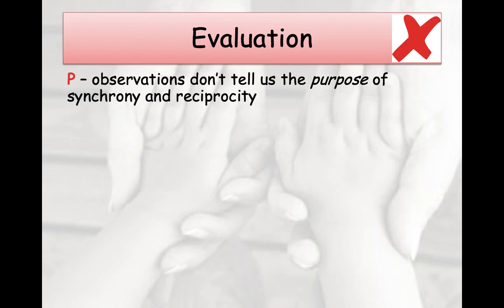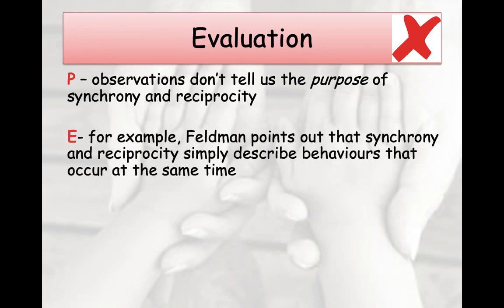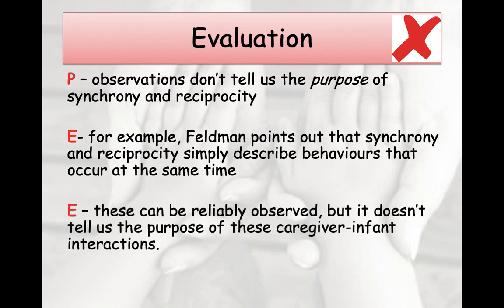So we're going to do this in the PEEL format. So the point: one limitation of the theory is that observations can't always tell us the purpose of interactional synchrony and reciprocity. So they do a really good job of observing and describing what's going on, but they don't actually explain the purpose.